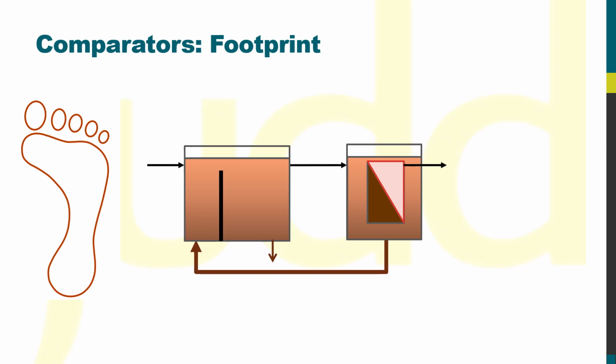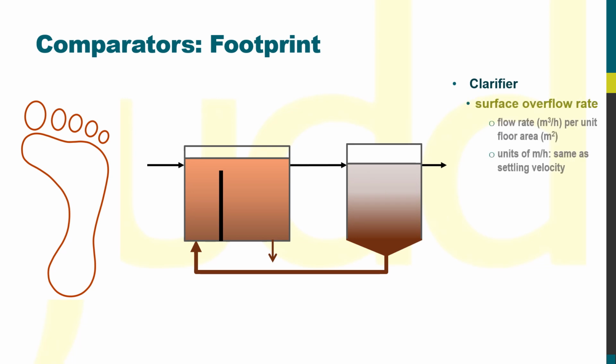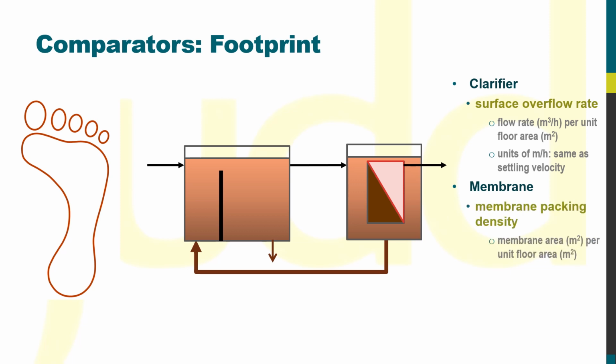The flow per unit floor area through a CAS clarifier is given by the surface overflow rate, which relates directly to particle settling velocity. For membrane separation, the same parameter is given by the product of the packing density and the permeate flux.